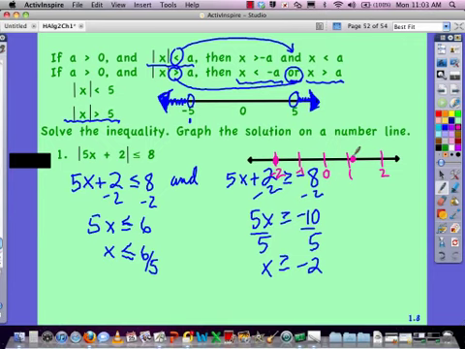So if I'm down here and I'm everything to the right, and if I'm here and I'm everything to the left, we have to shade the intersection, which would be this interior portion only between those two values. So there would be our inequality solution to this compound, because you have the two statements that came out of the absolute value graph.